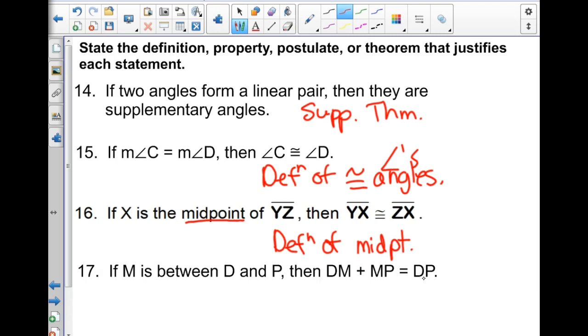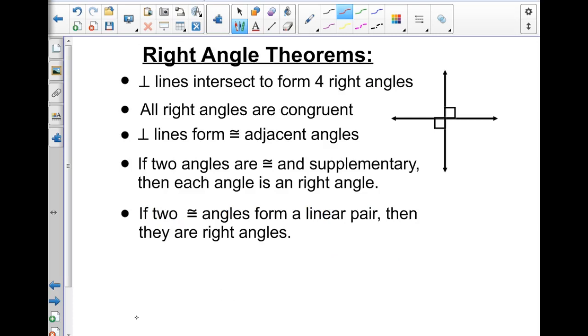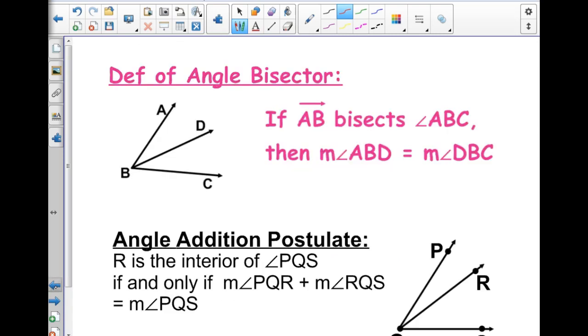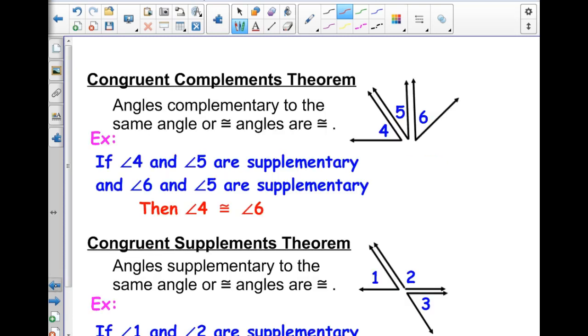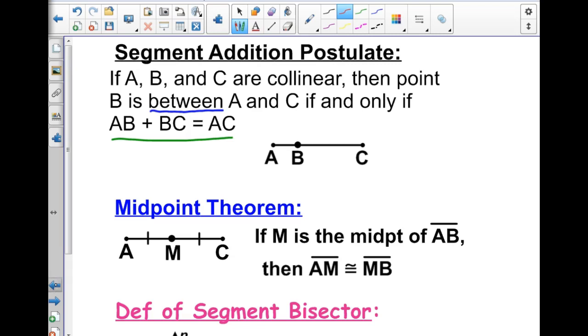There is a postulate. It is on your green paper. It's not that, because we're not adding angles. So skip over that, find something else. Doesn't this look like what we're talking about right now?